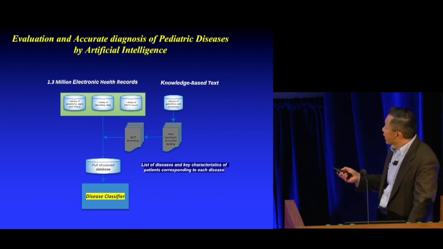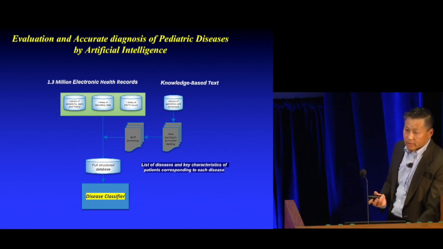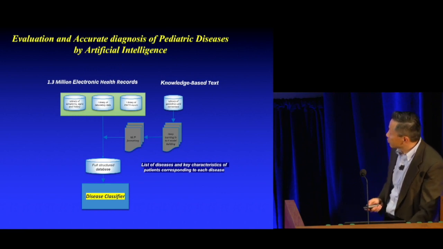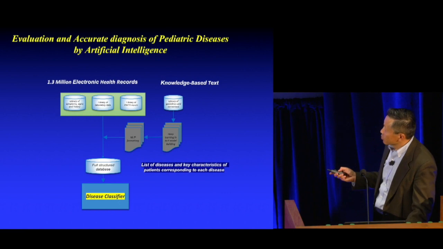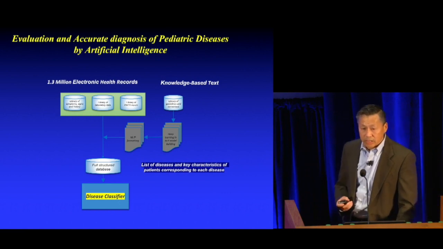Then we took that and used deep learning and natural language processing to extract the free text from the electronic medical records and form a fully structured database, using deep learning and logistic regression to classify the disease.